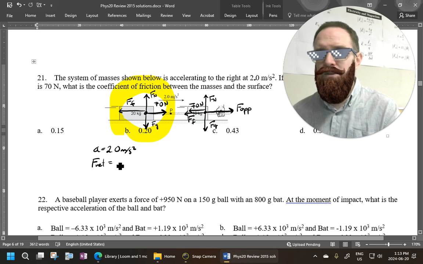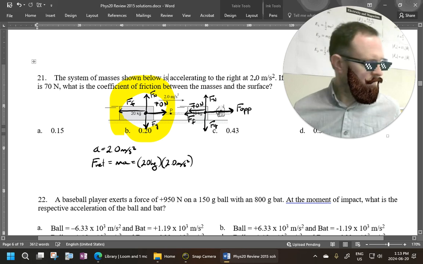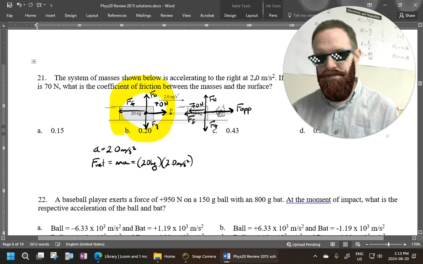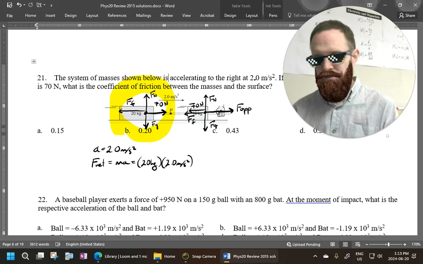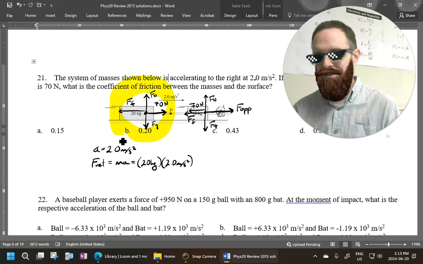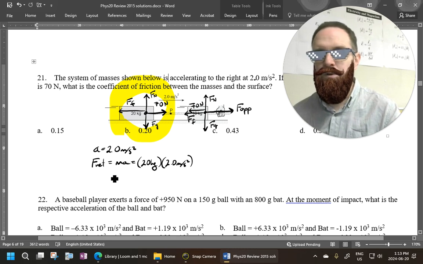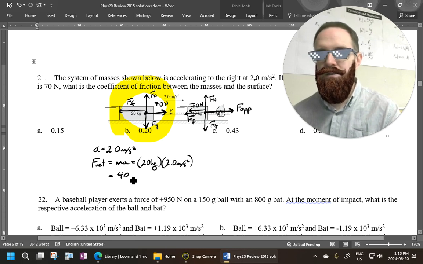Because I put it around just that box, mass times acceleration, it's just going to be the 20 kilograms and the 2.0 meters per second squared. So 20 times 2, okay. So we have 40. So all the forces have to add up to 40 newtons to the right. Yep, that's what the picture says.